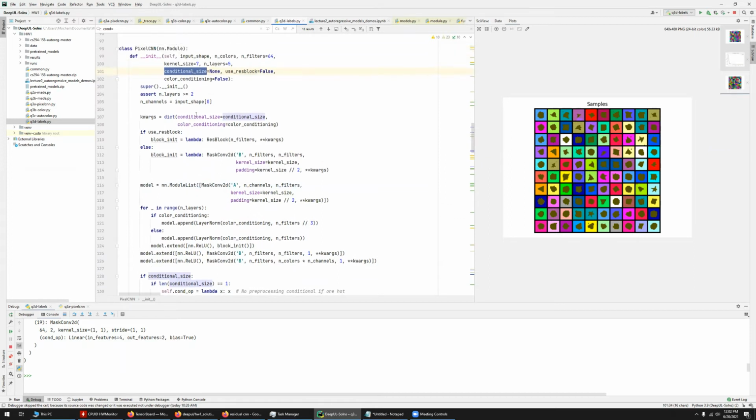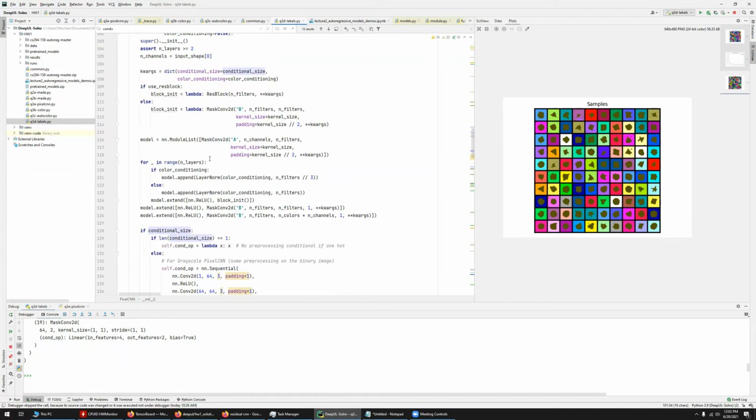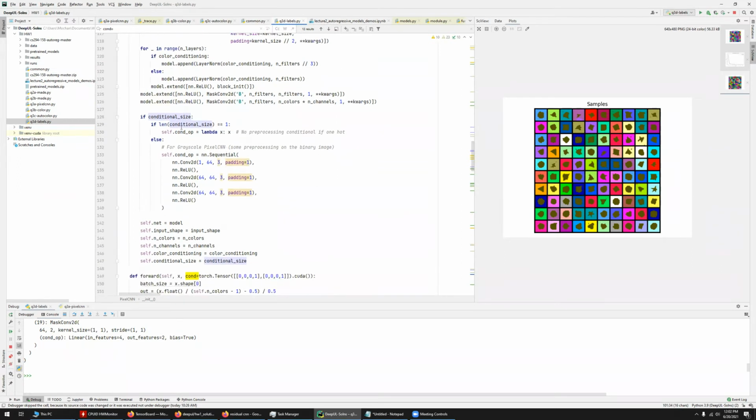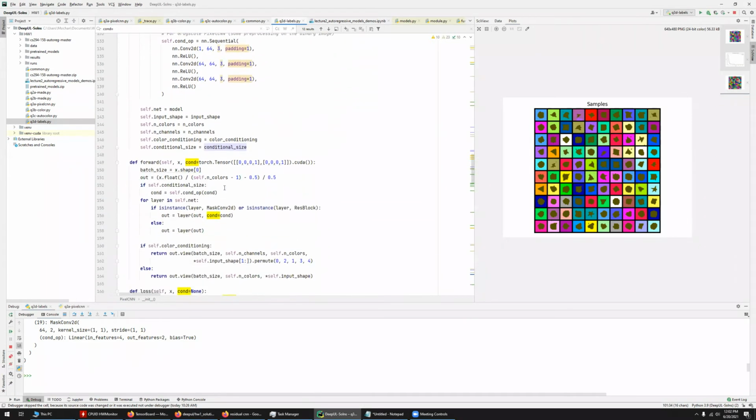This conditional size affects this right here. And if length is equal to 1, in our case it's 1, I think this is for the optional grayscale CNN. It doesn't do anything here. If it's grayscale, it has to do some other stuff.